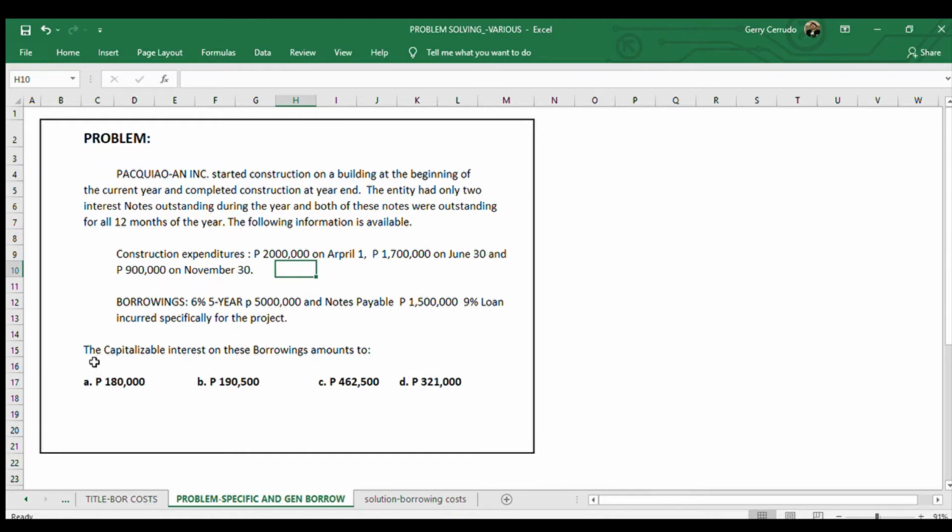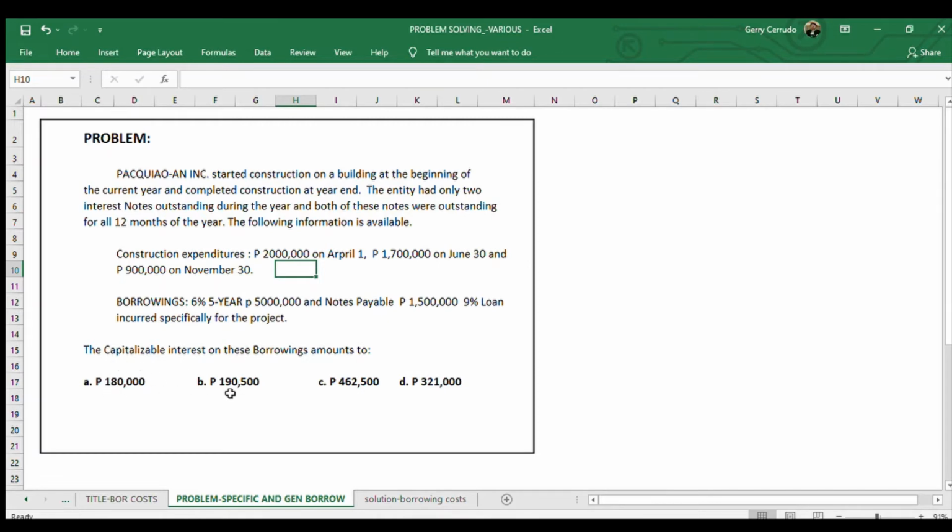Aside from the construction cost, this borrowing cost, if it meets the criteria of being part of the carrying amount, the cost of the asset, it will be capitalized. Okay.